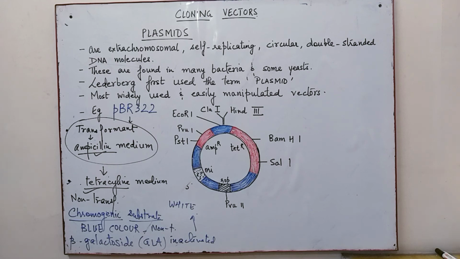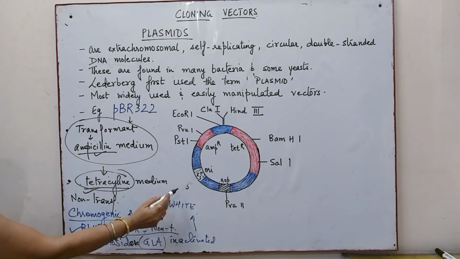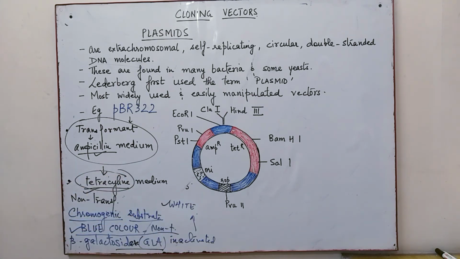So here we have the chromogenic substrate which will give us blue color if there are non-transformants. No insert has taken place. But in the case of transformants, the beta galactosidase gene gets inactivated, the tetracycline resistance is lost, and as a result the colonies will develop as white colonies, and these are identified as recombinant colonies.